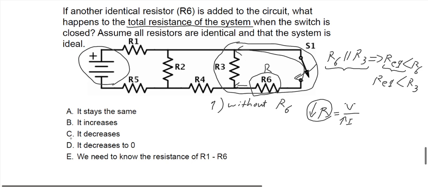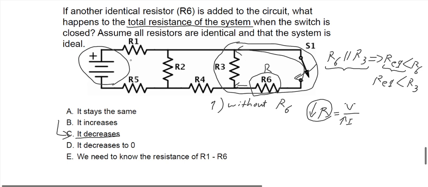You can just easily say it decreases. And if it was asking for current, what happens to current, we would just say the total current of the system also increases. But just for the sake of resistors, the total resistance of the system will decrease.